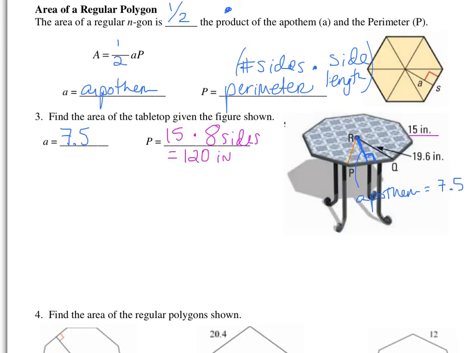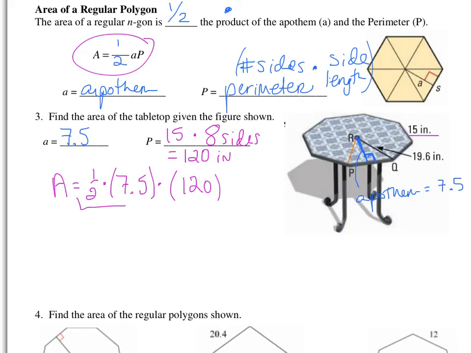So now we can go ahead and set up our equation right here. So A equals our 1/2 times our apothem, so 7.5, times the perimeter, so that would be 120 inches. So now we can type this all in the calculator. We can type it in all at the same time, so you don't have to separate it out. You'll get 450 inches squared would be the area of this whole table.